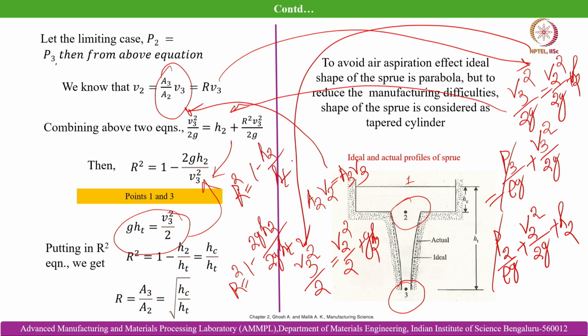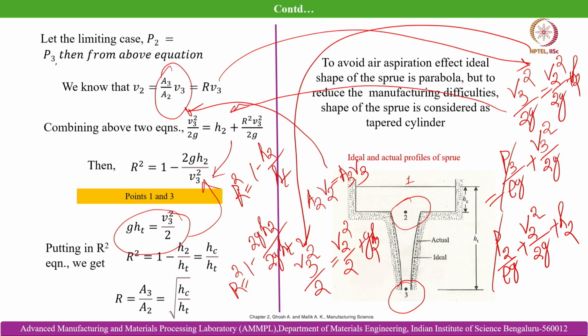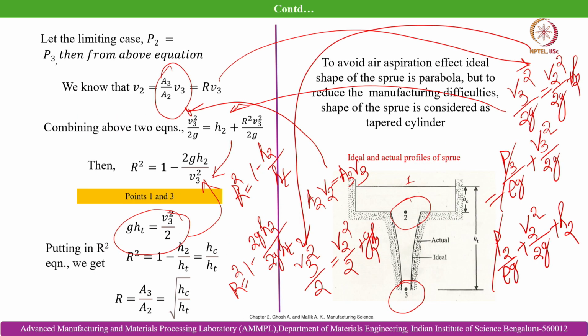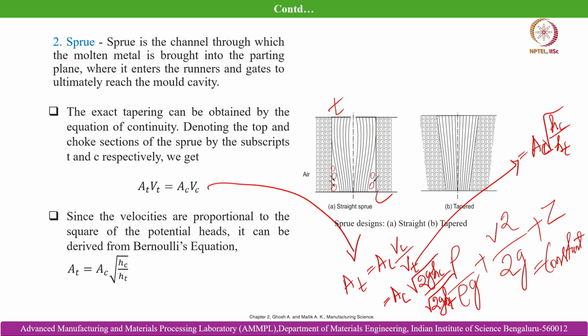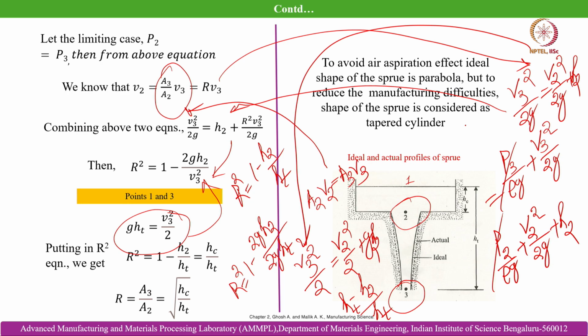H2 is nothing but Hc. We have already evaluated this before from the continuity equation. So, we can place it as 1 minus H2 by Ht, that is, Ht minus H2 by Ht. Ht is the total height, and H2 is this much from the reference to this point. So, Ht minus H2 becomes equal to Hc, and we can just replace it by Hc.